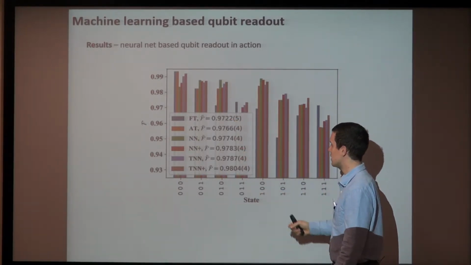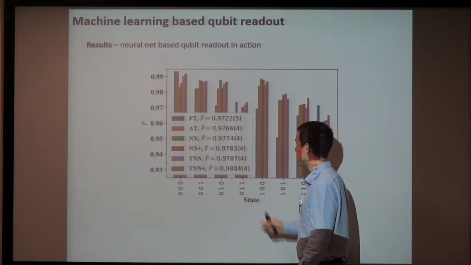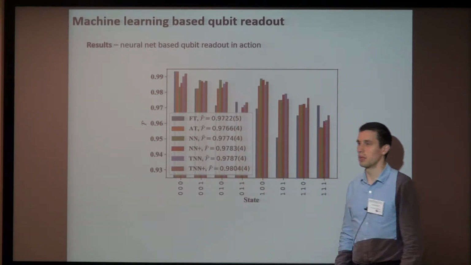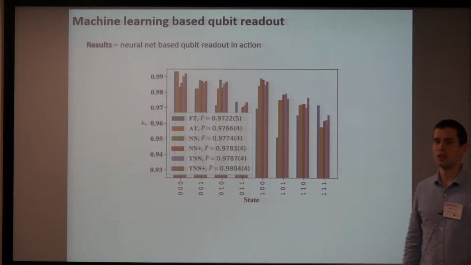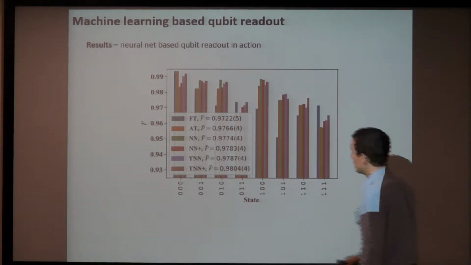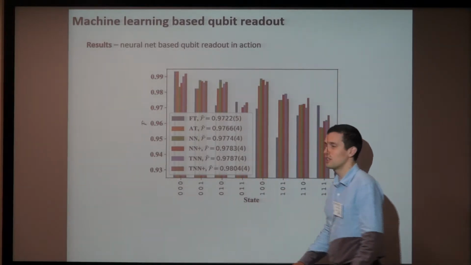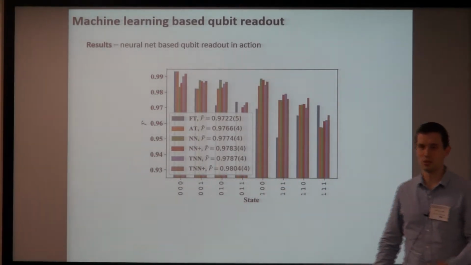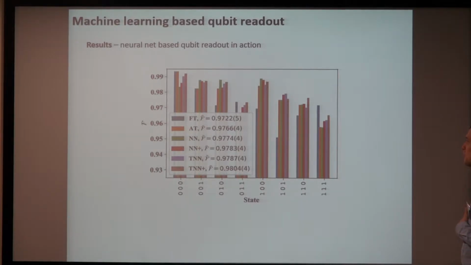The error, which is about 3% here, goes down by about a third by letting the neural net apply these additional pieces of information. The improvement in absolute fidelity terms is not terribly high, but that's because our fidelity is already pretty good, so we're already making pretty good use of our information.